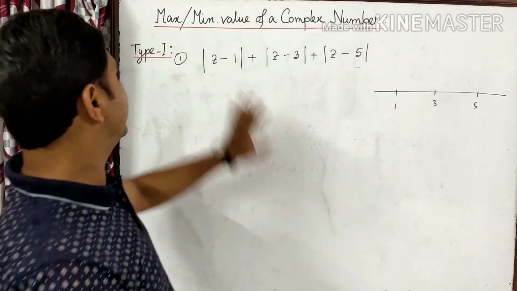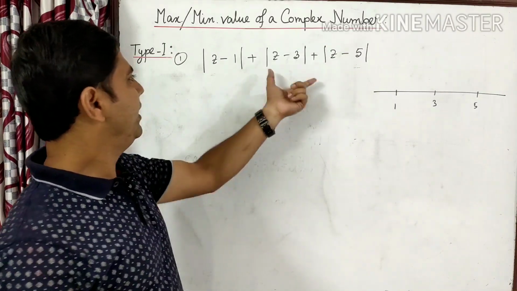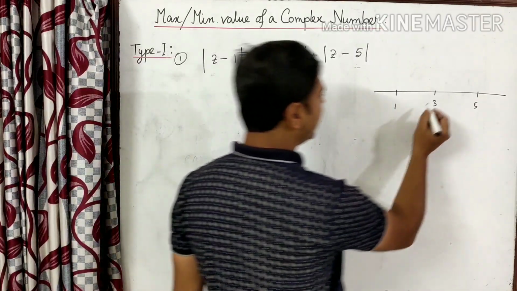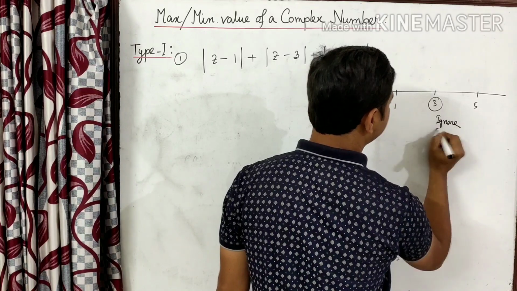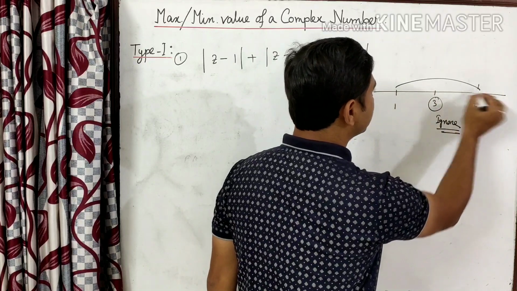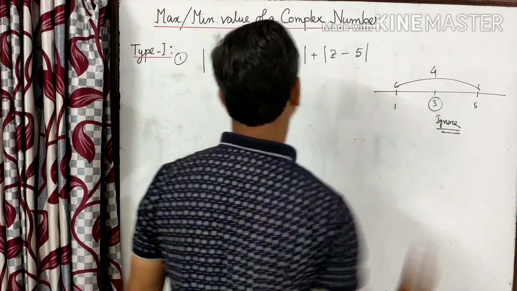When you consider the 3 terms, you have to find the minimum value of this expression. Then this middle term you have to ignore. Then what is the difference between these two terms? The difference is 4.